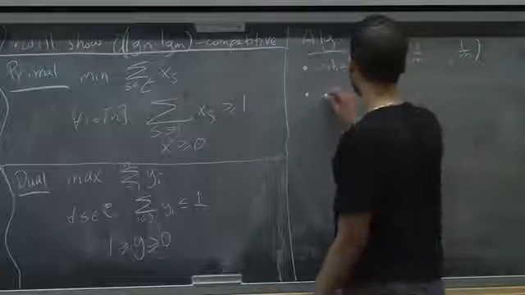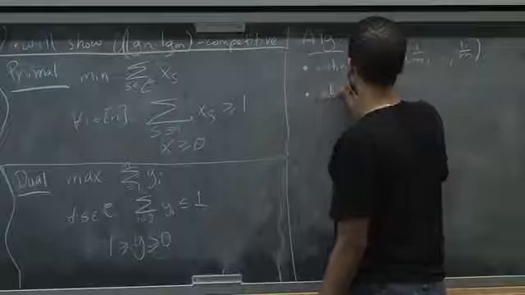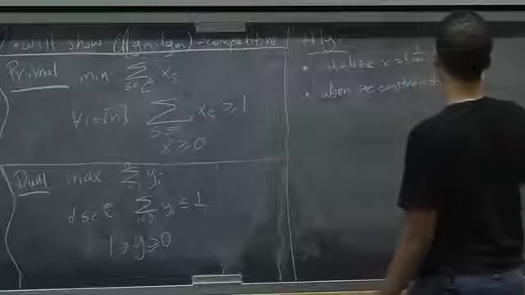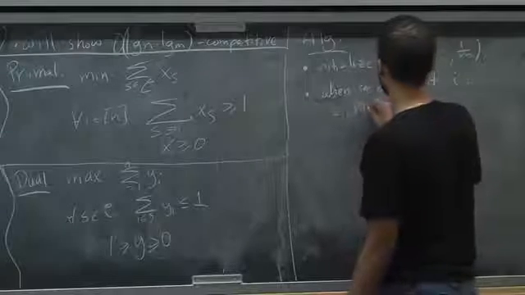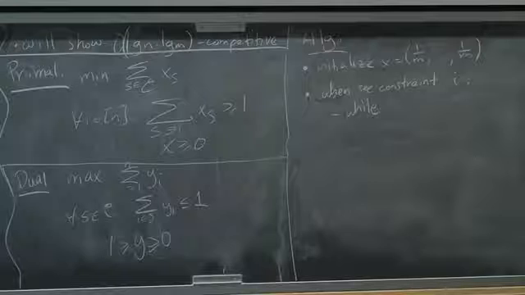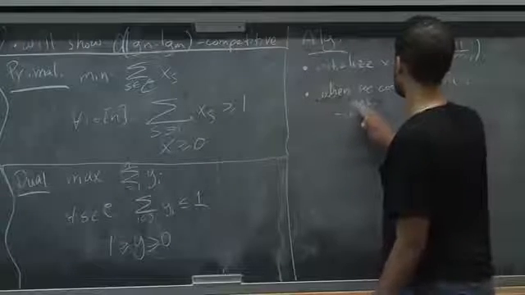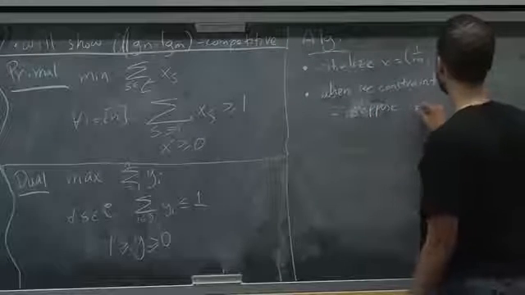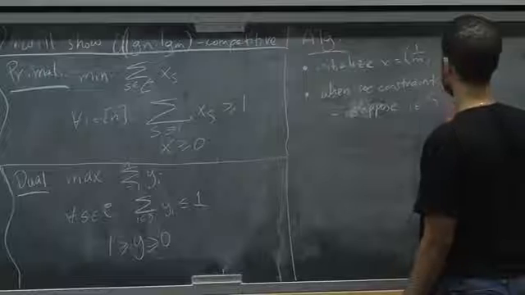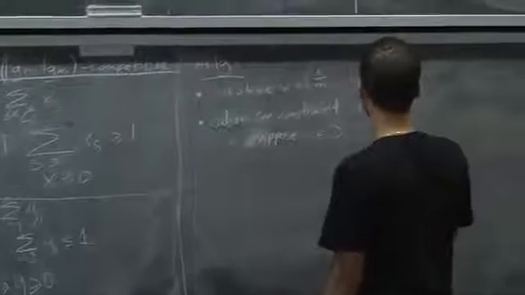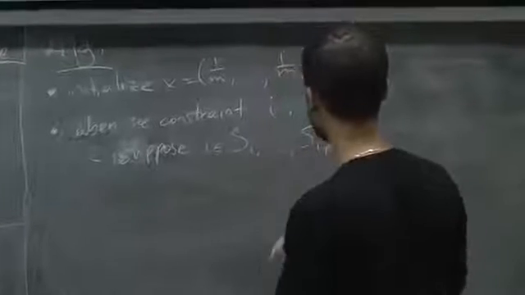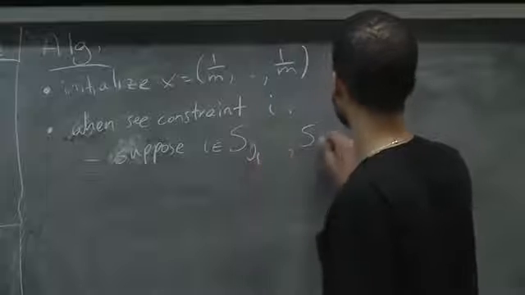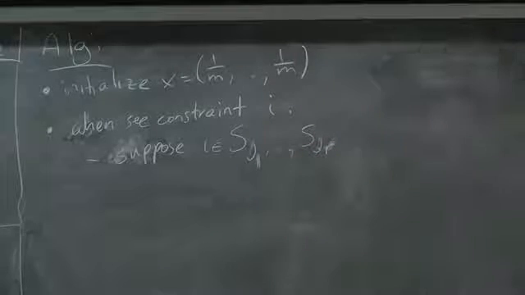So when we see constraint i, suppose i is in some sets, S_i1 up to S_ir. I don't want to use i twice. S_j1 up to S_jr.